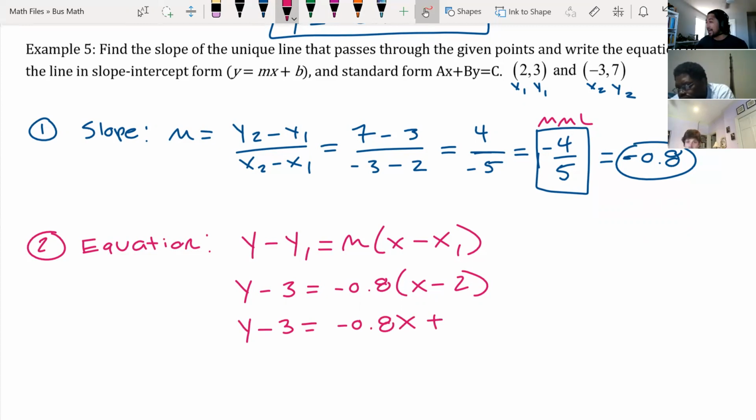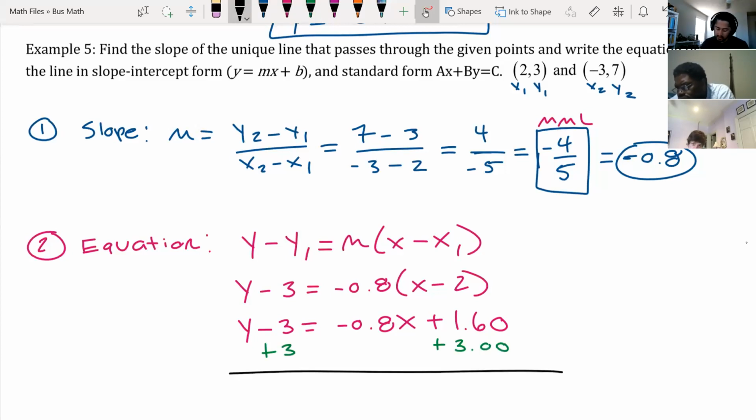Basically, what is 80 cents times 2? You doubled your 80 cents. So how much money do you have? $1.60. Good. And then we'll add that 3 over. I'll even put decimals there so we can do the addition.